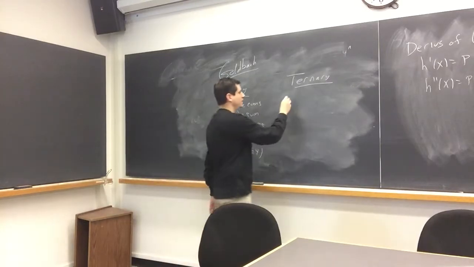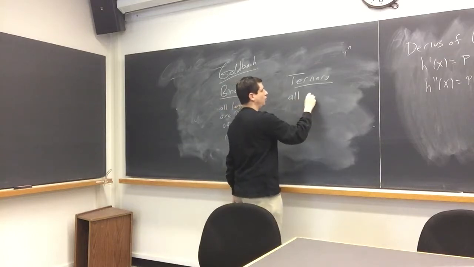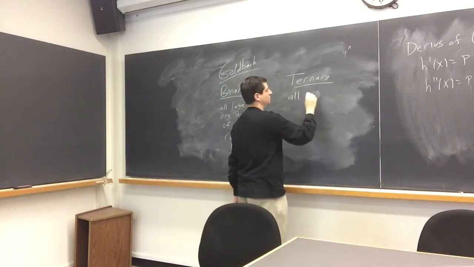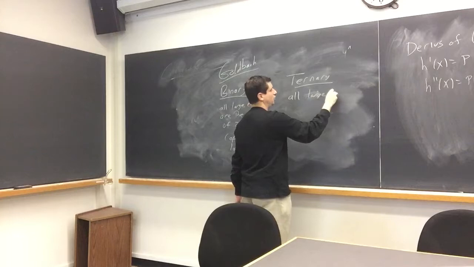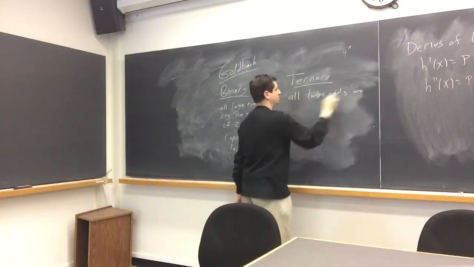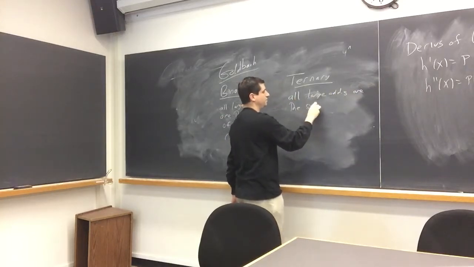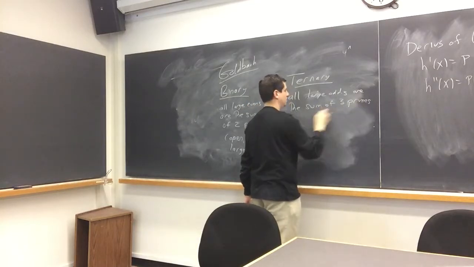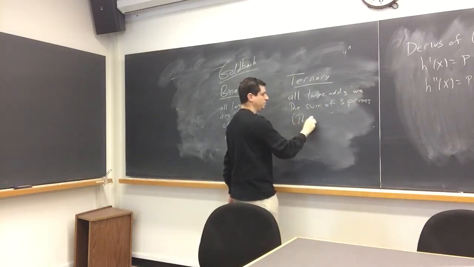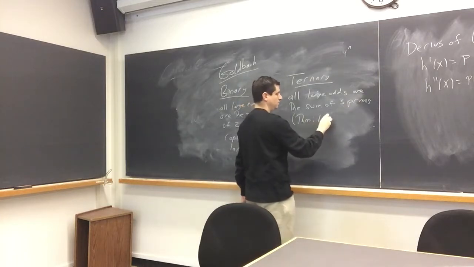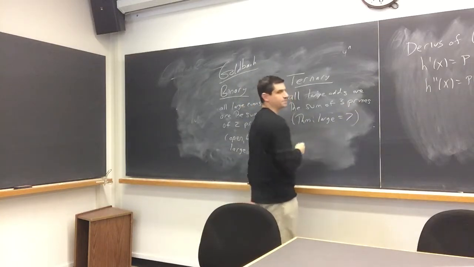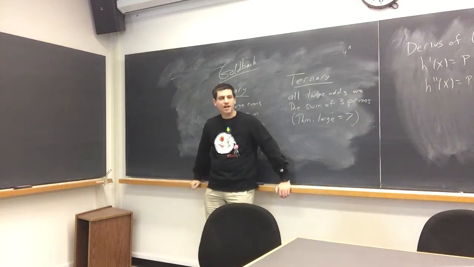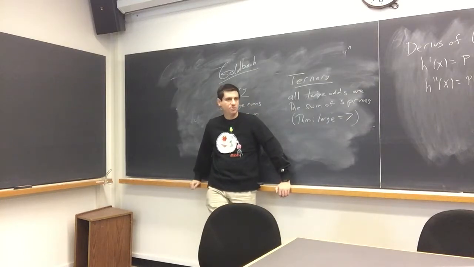The ternary is all large odds are the sum of 3 primes. And it's a theorem, actually. We've finally proven it a few years ago. And here, large equals 7. You can't write 5 as a sum of 3 primes. You can't write 3.